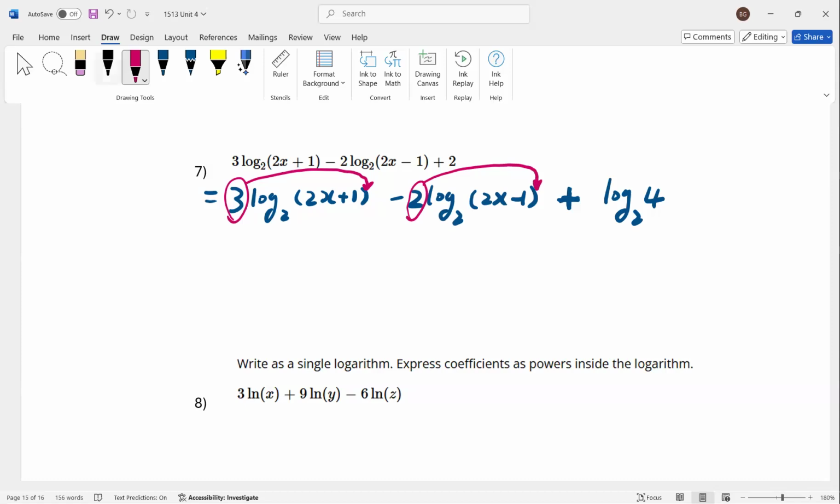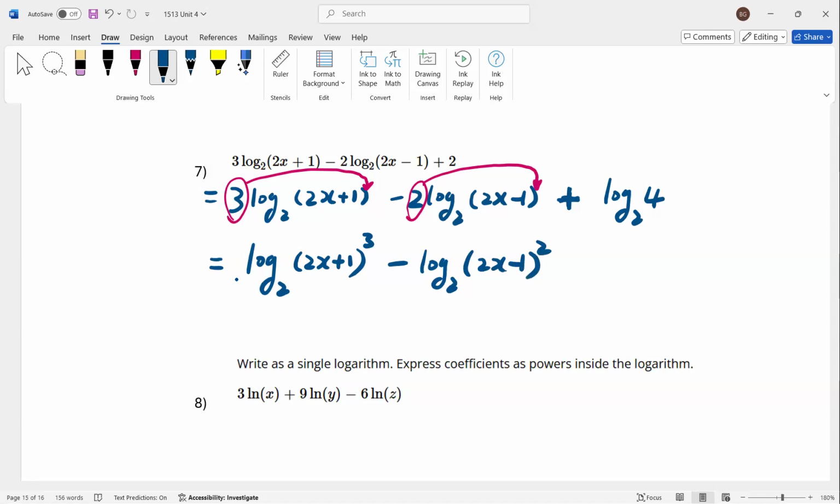And that one, keep the same. So let's do that. In this step, we're applying the power rule to get rid of the coefficient in front of the log to condense. Log with base 2, argument 2x plus 1 to the power of 3, minus log with base 2, argument 2x minus 1 to the power of 2, and then plus log with base 2, 4.